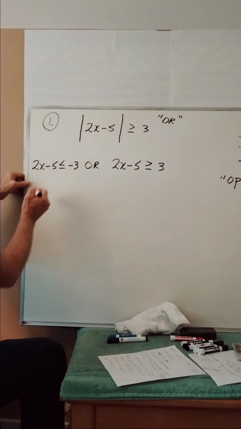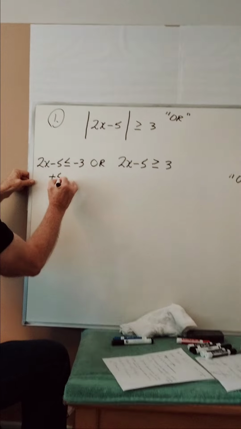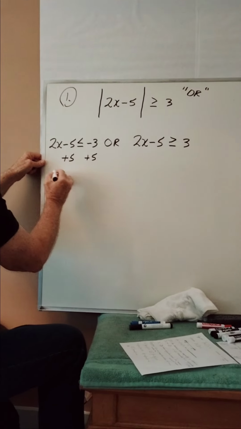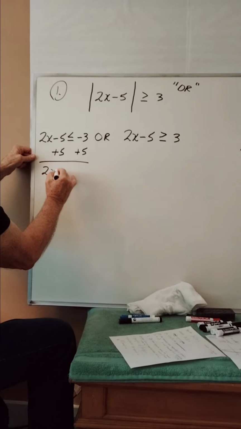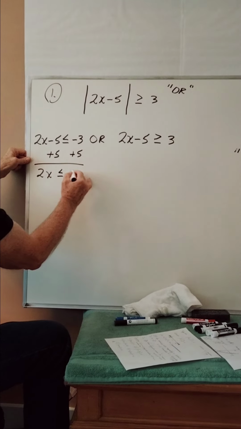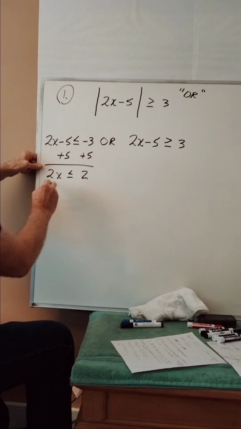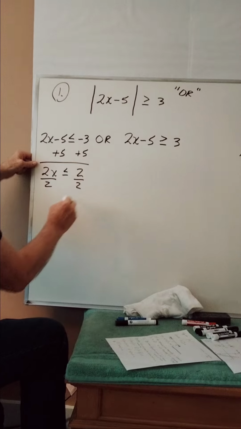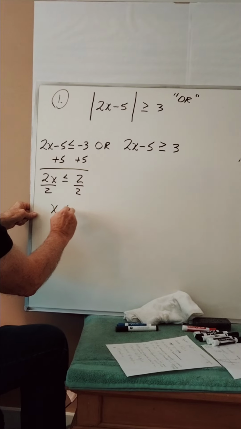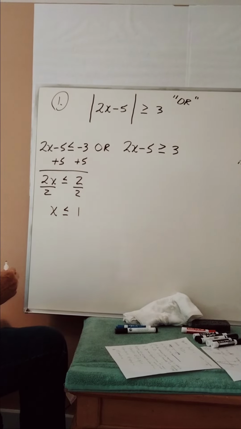Now, let's solve this one. Positive 5, positive 5. 2x is less than or equal to 2. Over 2, over 2. X is less than or equal to 1.